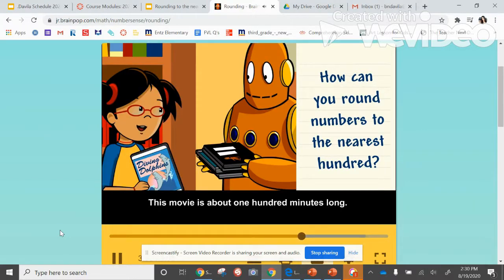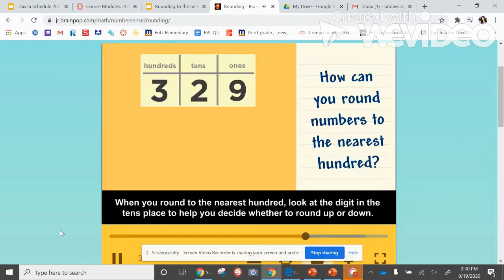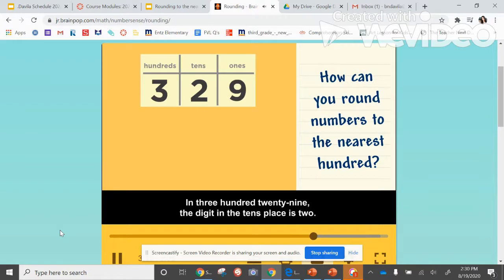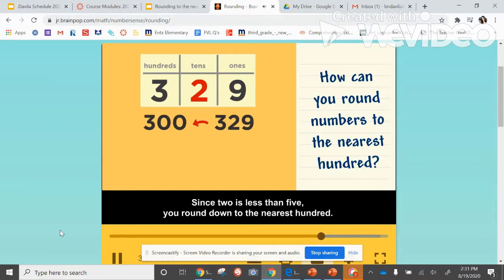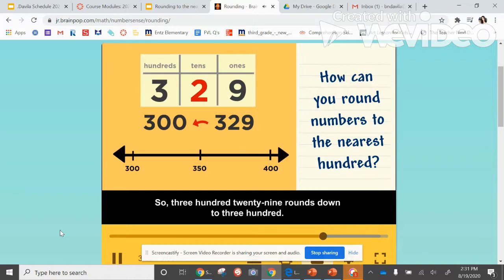This movie is about 100 minutes long. When you round to the nearest 100, look at the digit in the tens place to help you decide whether to round up or down. In 329, the digit in the tens place is 2. Since 2 is less than 5, you round down to the nearest 100. So 329 rounds down to 300.